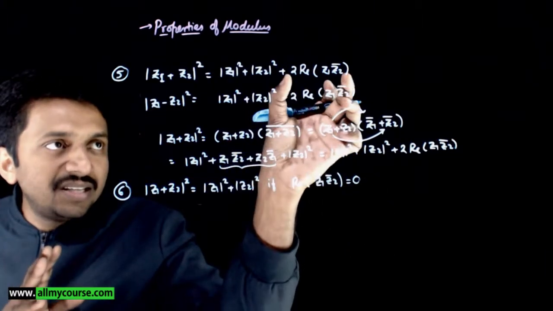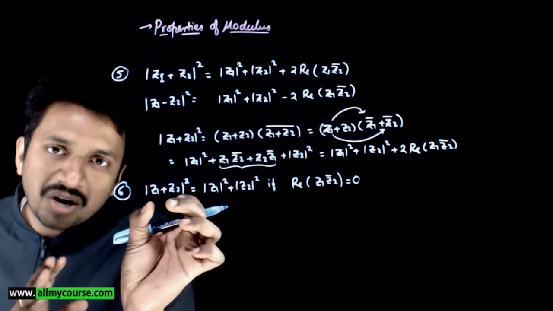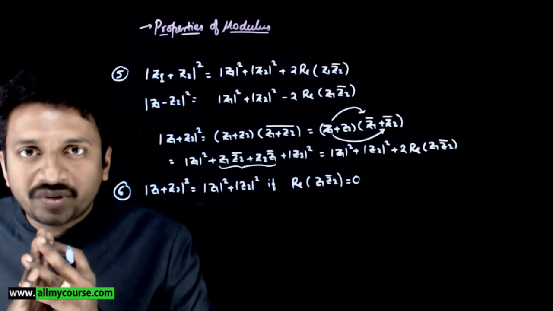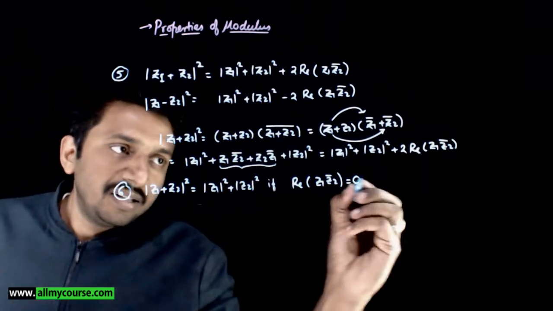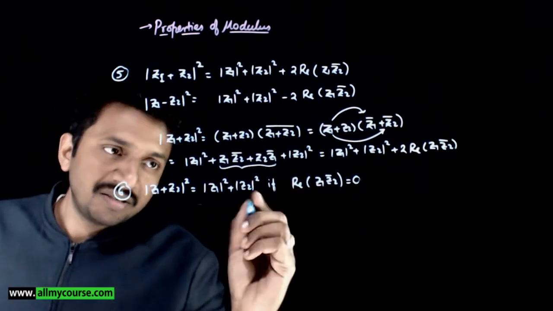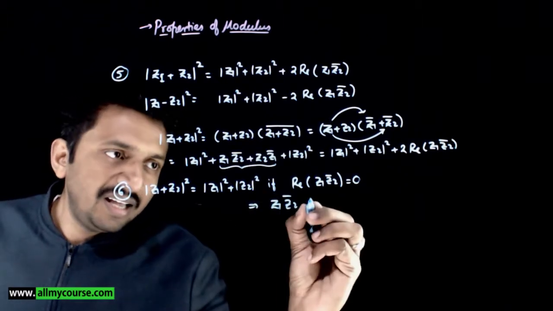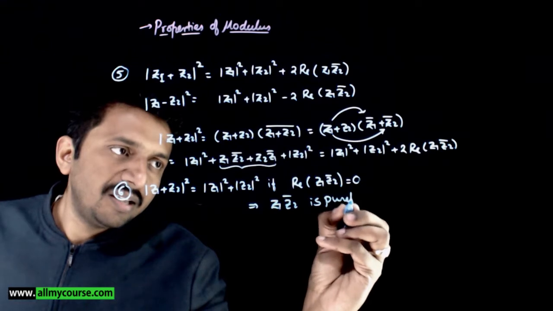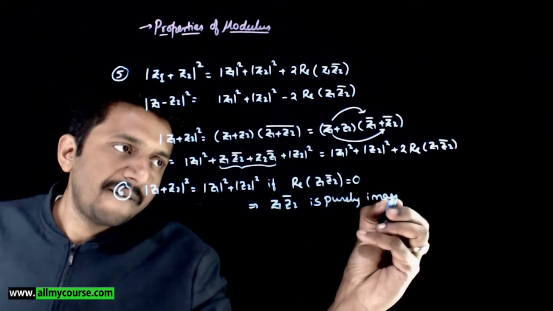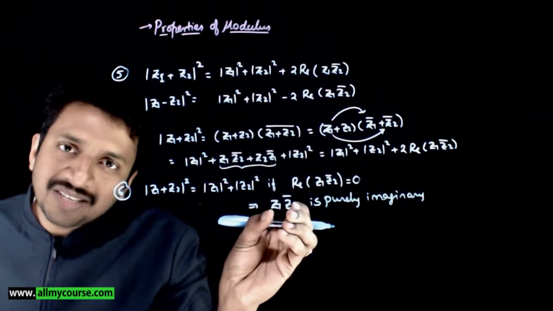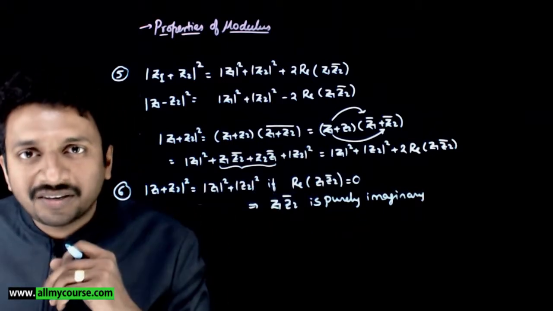So if this is equal to 0, then modulus of z1 plus z2 whole square will be equal to mod z1 square plus mod z2 square. What is the meaning of this? That means z1 z2 bar is purely imaginary, right? A real part equal to 0 means that the complex number is purely imaginary.